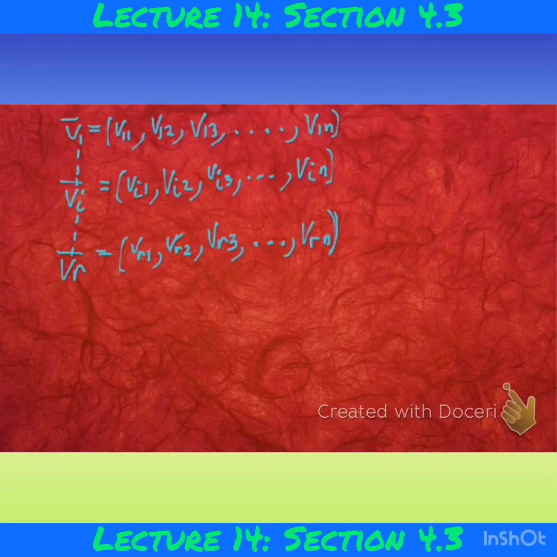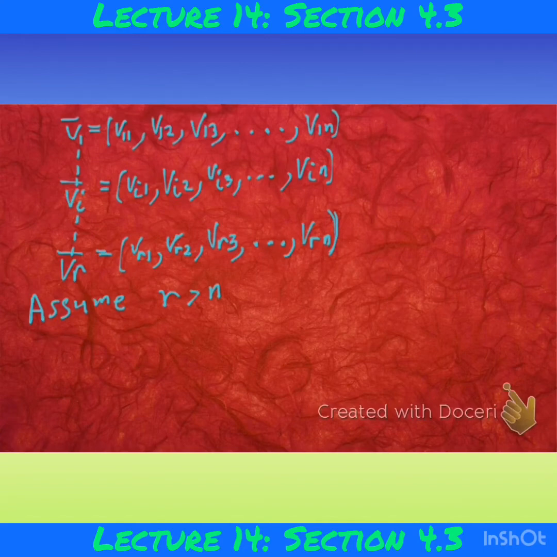Let's assume r is bigger than n. The r is that r there, and the n is that n there. So what will happen if r is bigger than n?